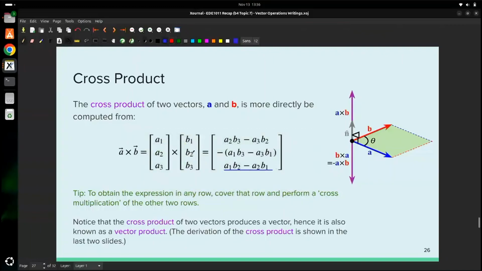You cover the third row, then you take A1 cross B2 minus A2 cross B1. So therefore A1 B2 minus A2 B1. You can see the cross operation here, therefore it's called the cross product. So this is just the operation.